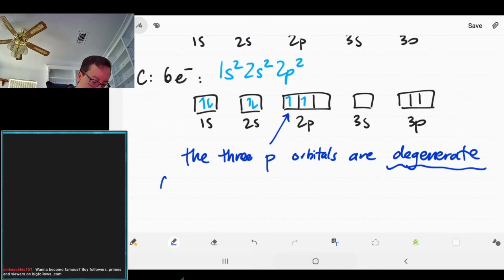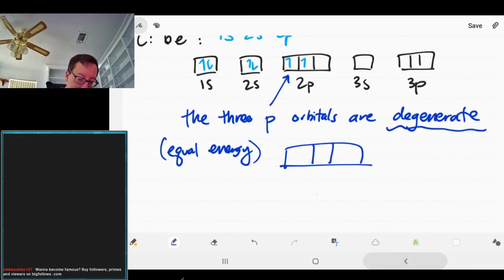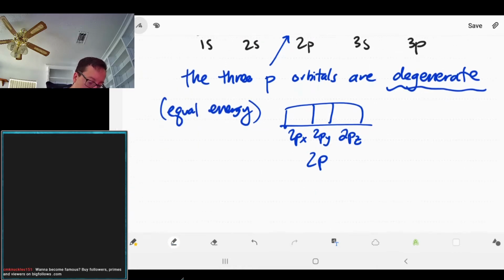And that just means equal energy to each other. So if we wanted to be super accurate about this, if we're just looking at the p, maybe this is 2p, we saw that those p orbitals could be arranged in different directions. One could be along the x-axis, the y-axis, or the z-axis. And all of those are equal energy to each other.